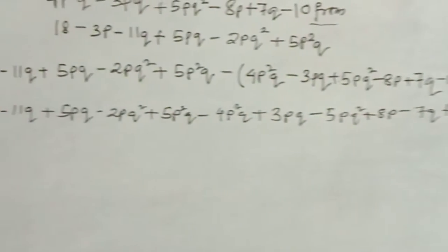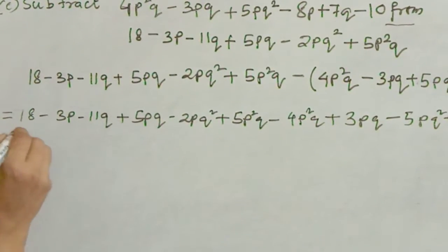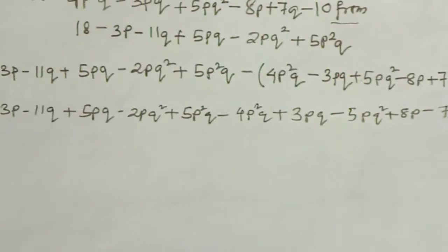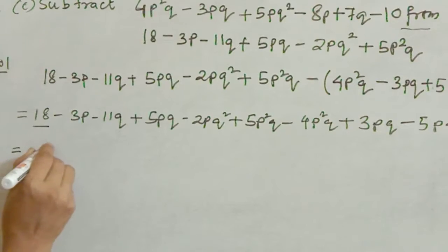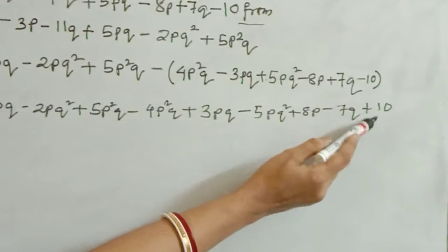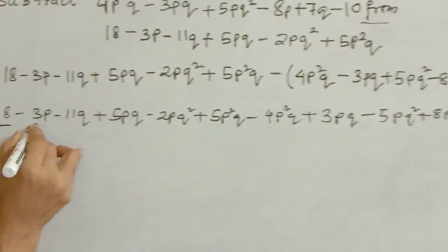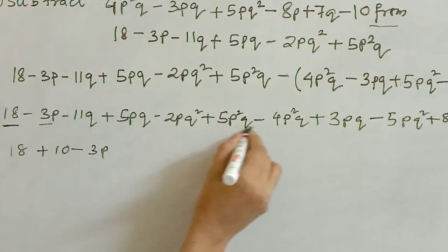Now you have to arrange them according to their like terms. So 18 and plus 10, the constant terms. Now minus 3p and plus 8p, only p.